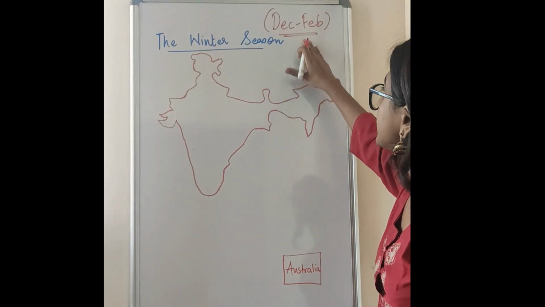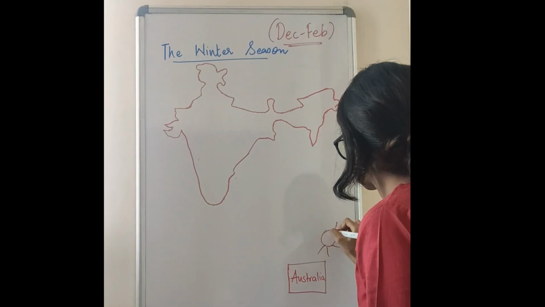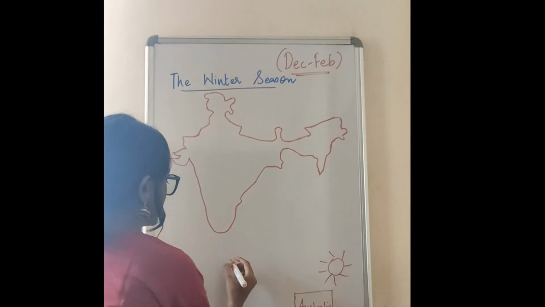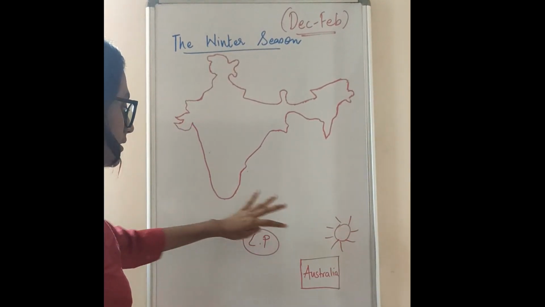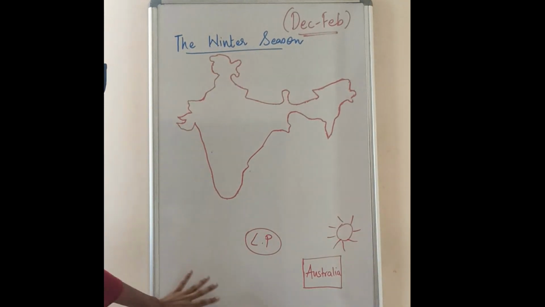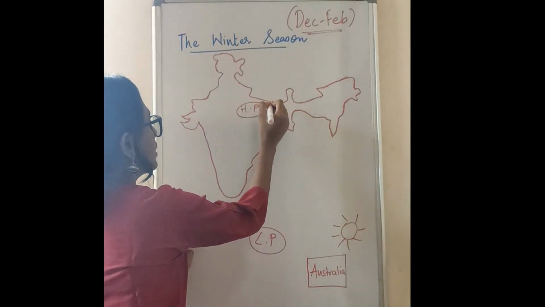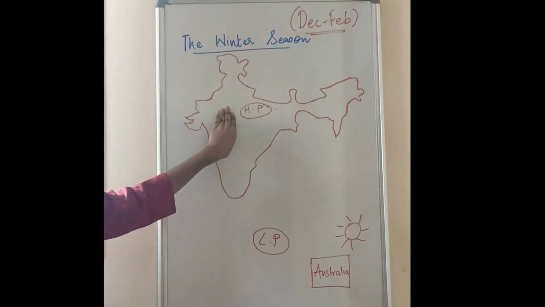During this period, the sun is over here, in the southern hemisphere. So what happens? A low pressure area is created here over the Indian Ocean, and a feeble, small high pressure region is created over the Indian subcontinent.